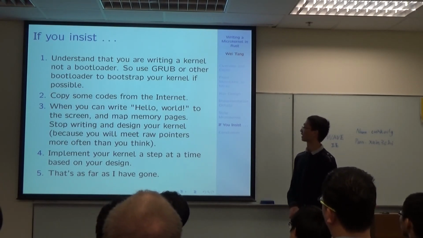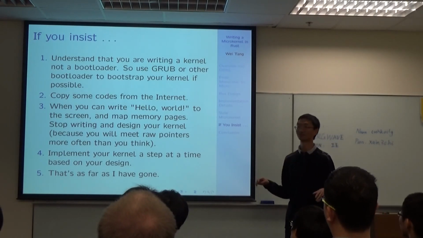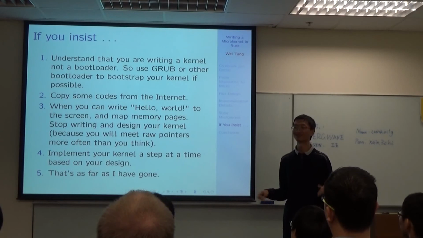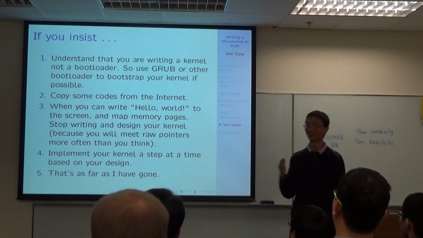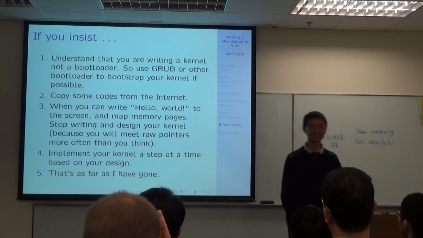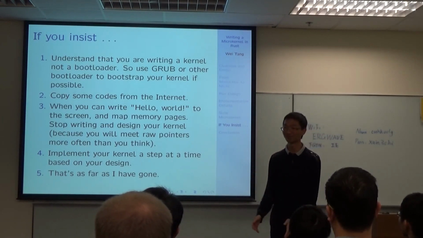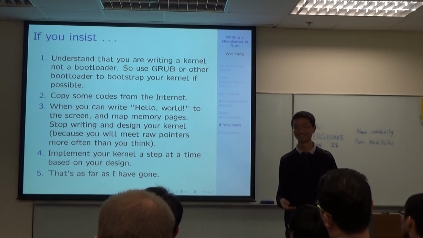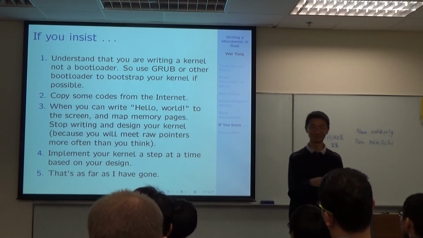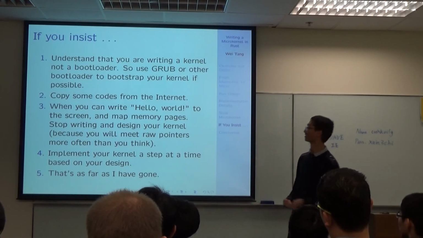When you can write a hello world to the screen, you actually need to stop and try to design the kernel the way you want it to work, because in a kernel everything is entangled, and if you just try to make one functionality work, you may break another functionality, and you need to change the first functionality first, and it's really frustrating.